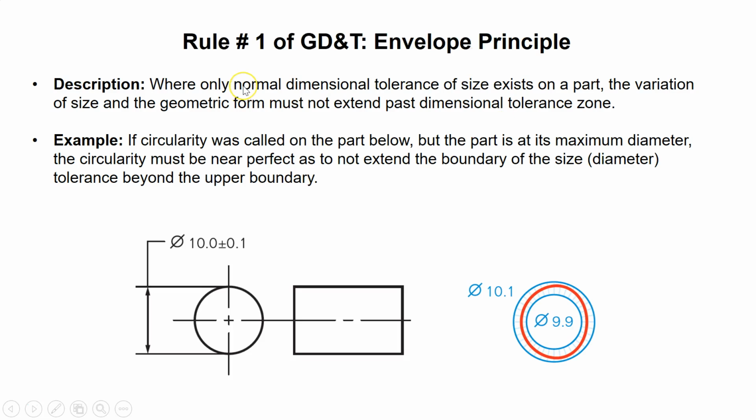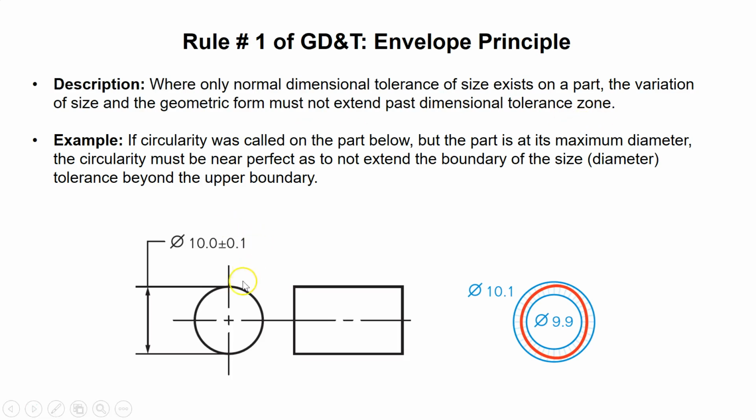It says, when only normal dimension tolerances of size are applied to the part, the variation of the size and the geometry must not pass or extend beyond the dimensional tolerance zone. Well, what does that mean?